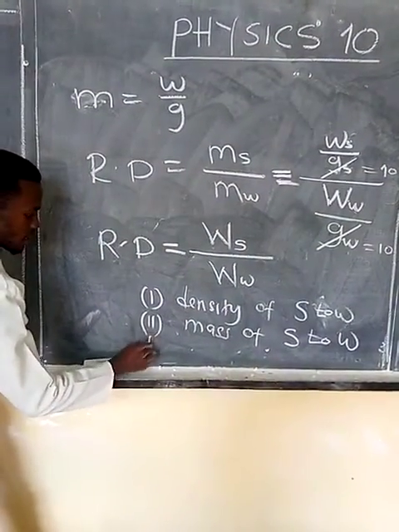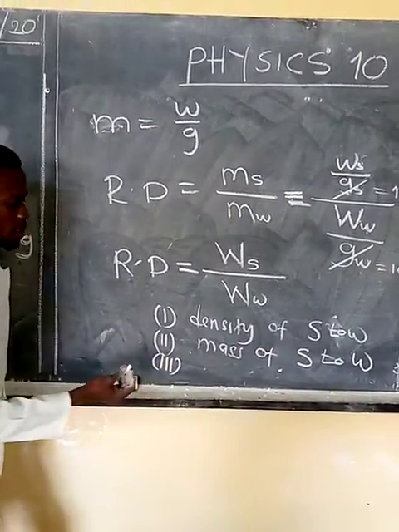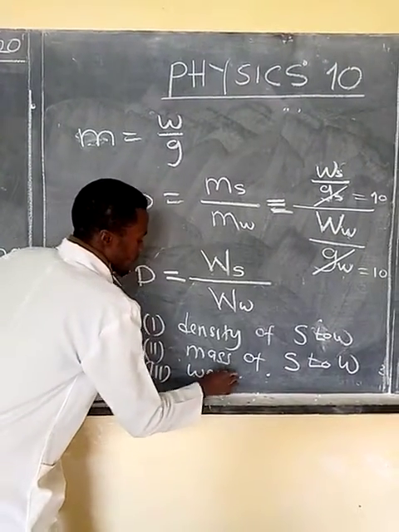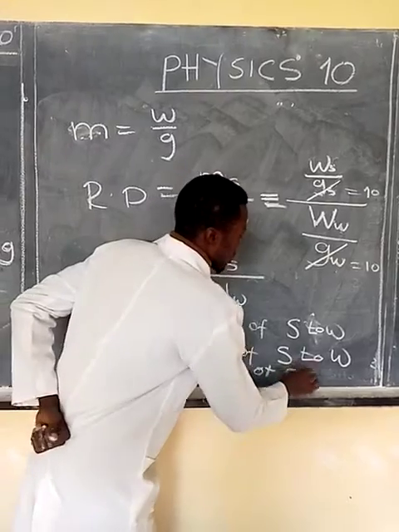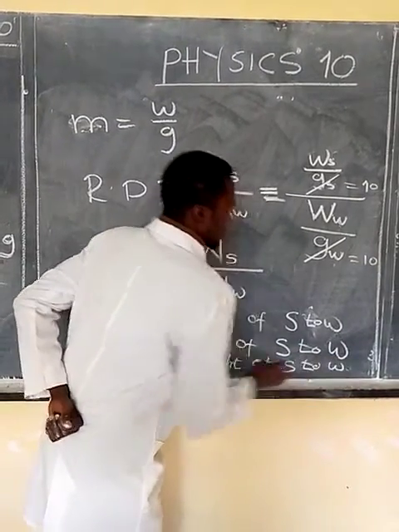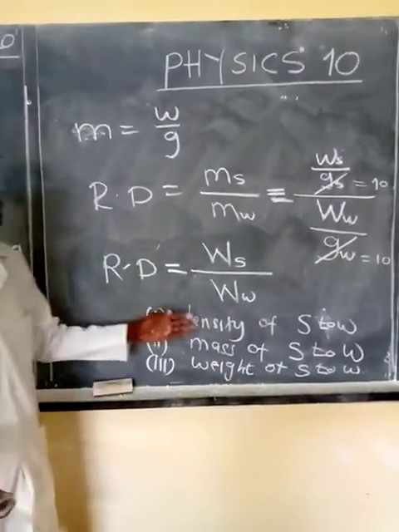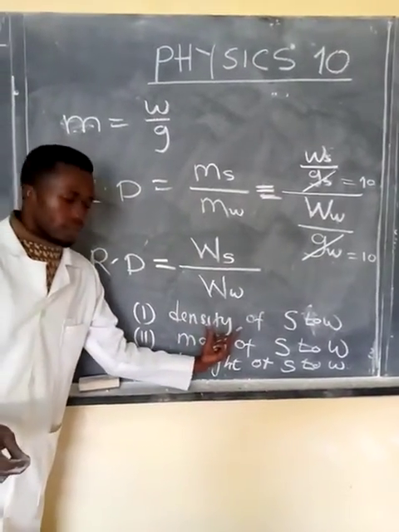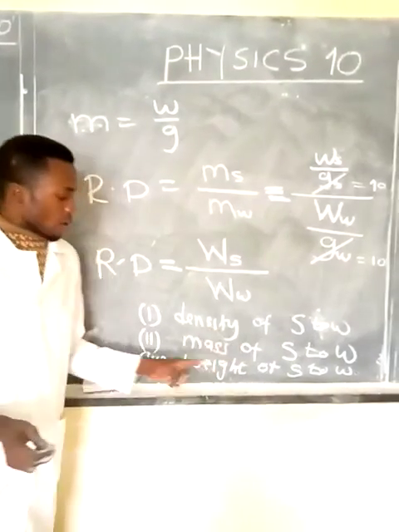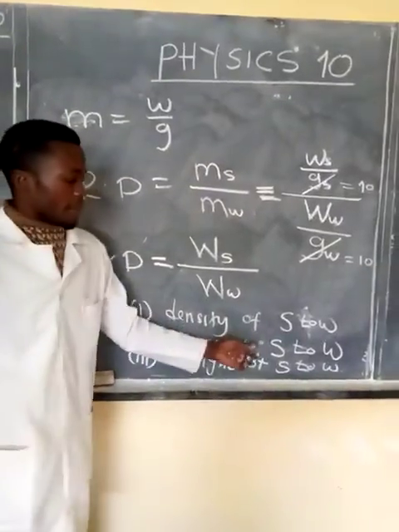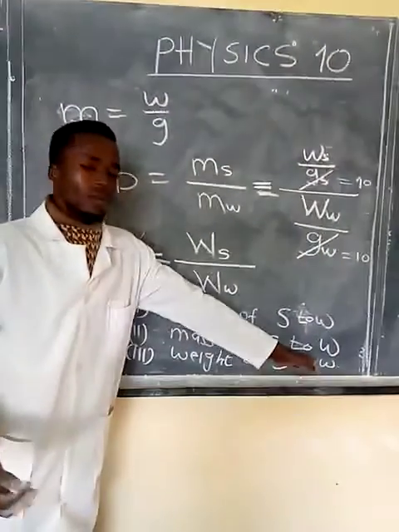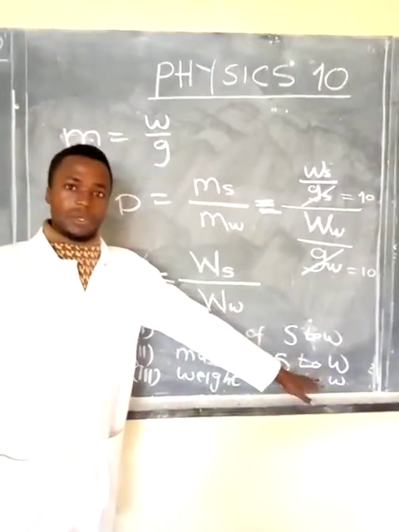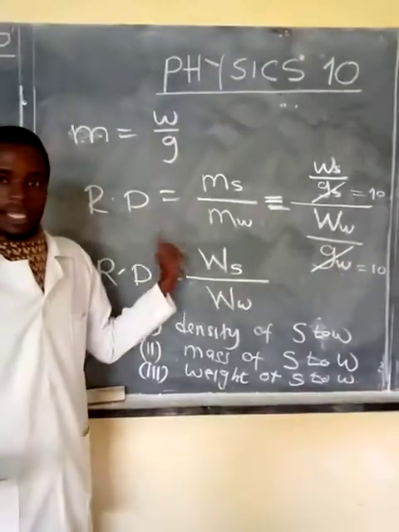And the last one, you can also use the weight of a substance over the weight of water. So relative density can be found by using the actual density, rho, or the mass of a substance to water, or the weight of a substance to water. This is how you are supposed to find relative density.